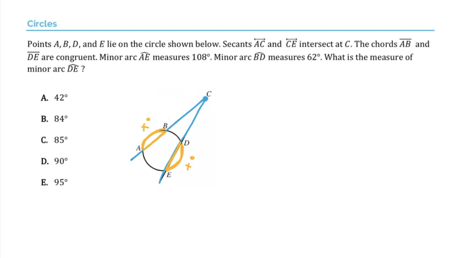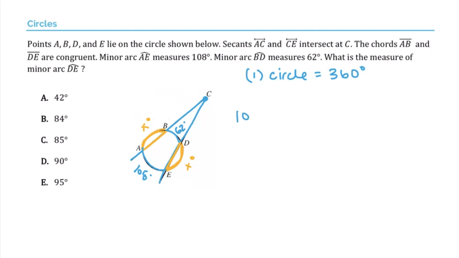Then they tell us that right here, from A to E, I did not draw that well, let me redo that. From A to E is 108 degrees, and from B to D is 62 degrees. The first thing to remember to solve this question is that in a circle, when you add all those angles up, it should be 360 degrees.